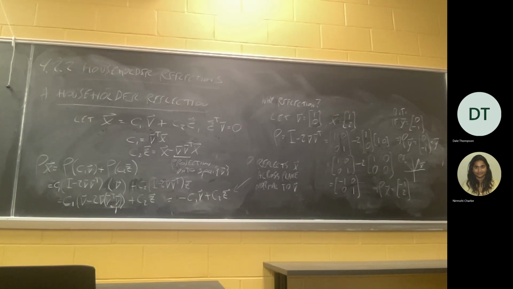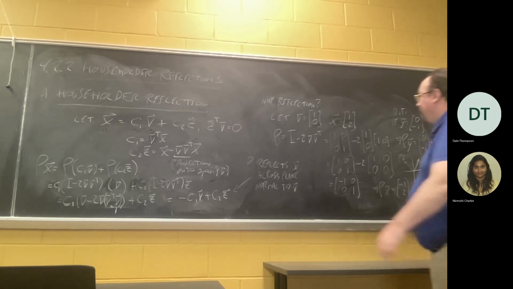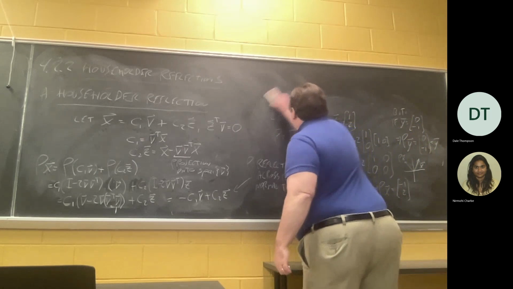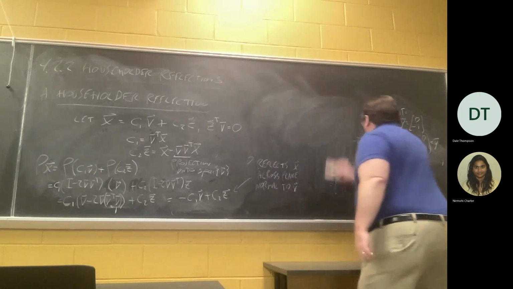Okay, so now we want to try to use this kind of matrix, knowing what it does, to zero entries in a matrix as part of the QR factorization. We're still trying to reduce the matrix to upper triangular form.